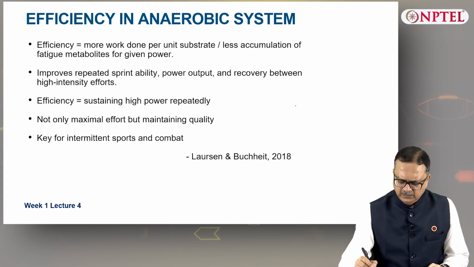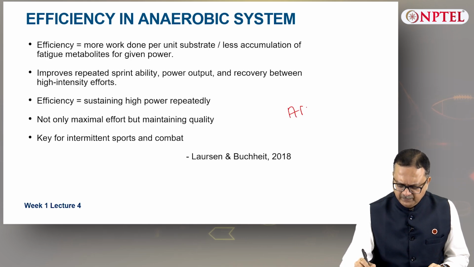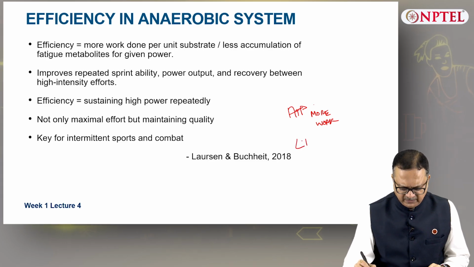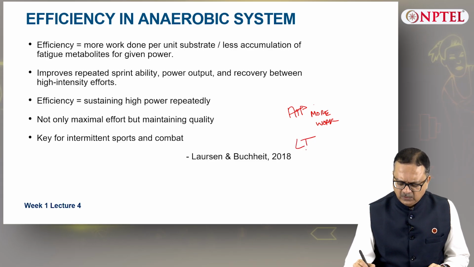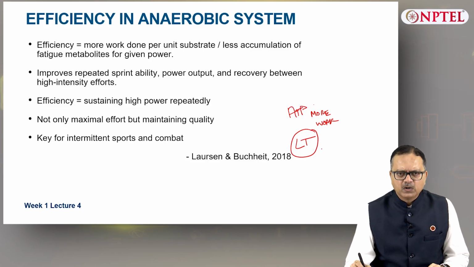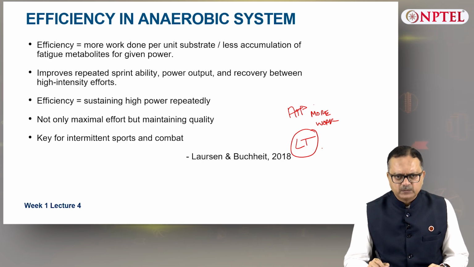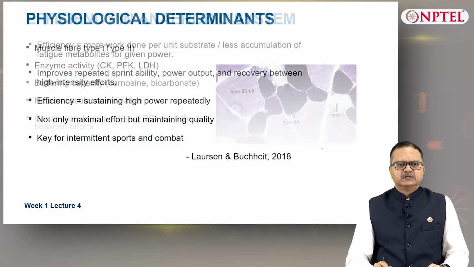Basically, per unit of ATP, more work is done, and at a given level of accumulation of fatigue metabolites such as lactate, or at lactate threshold, the body is adapted and is able to do more work at that particular lactate threshold.